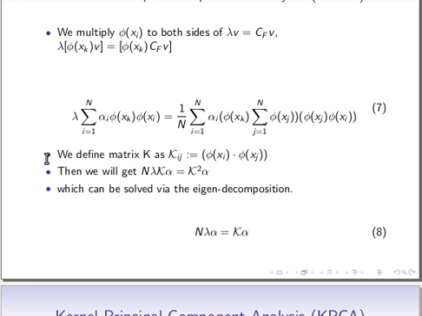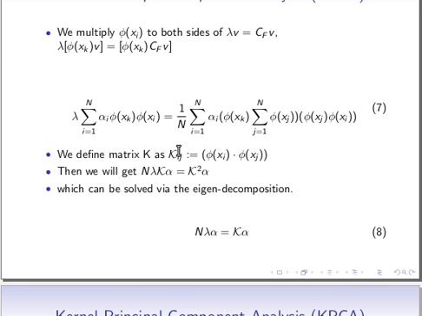And then we just define the matrix K as the kernel function, and the kernel function can be expressed as phi xi times xj. And then based on equation 7, we can get the new equation: n times lambda times K alpha is equal to K squared times alpha.